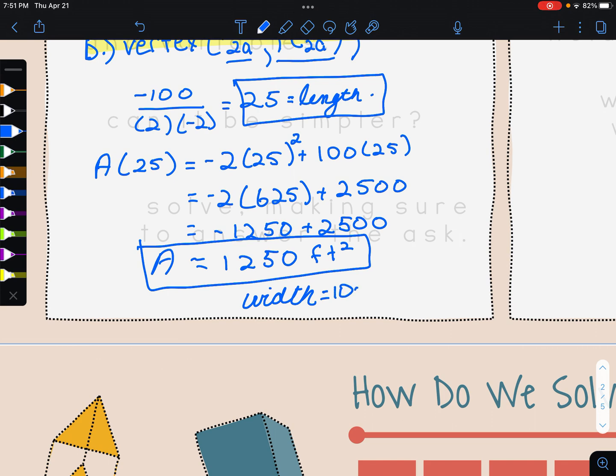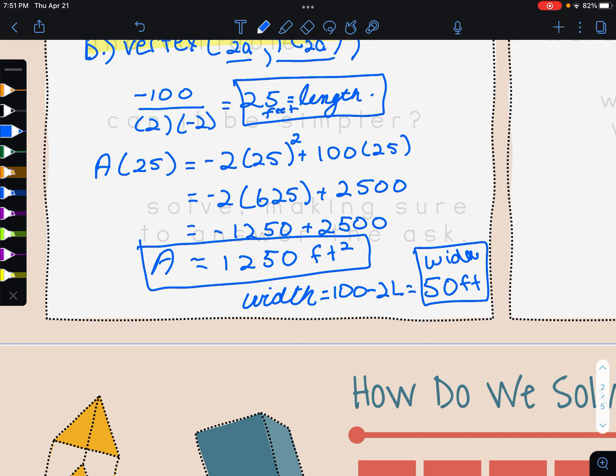So we have 100 minus 2L, and our width is going to equal 25 times 2 is negative, so that's going to equal 50. And that's going to be 50 feet. And that's our width. And this is 25 feet.